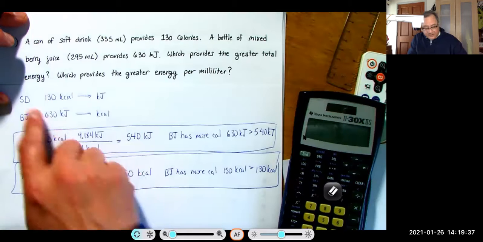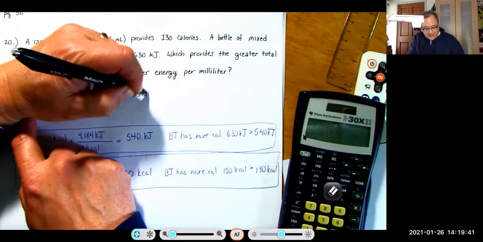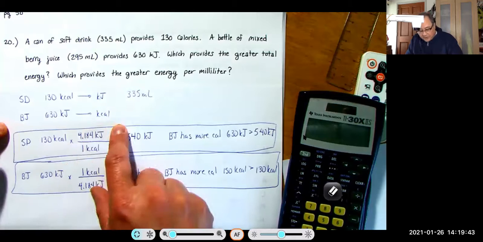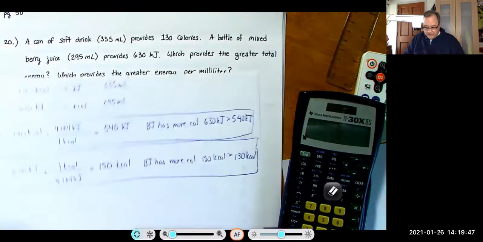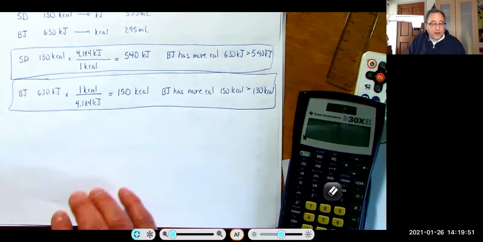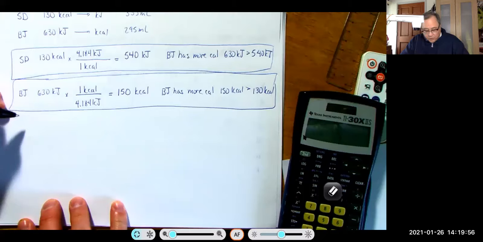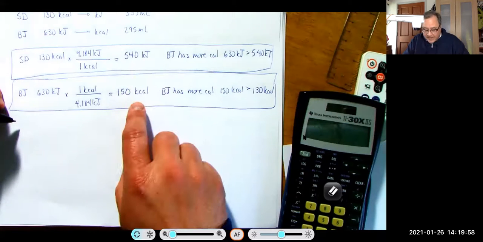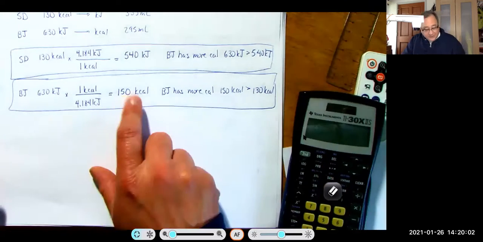And the soft drink has 335 milliliters, and the berry juice has 295 milliliters. So let's take a look and see which one has more energy per milliliter. So all we have to do is work with the kilojoules or the kcals, one or the other. I'm going to go ahead and work with the kcals.